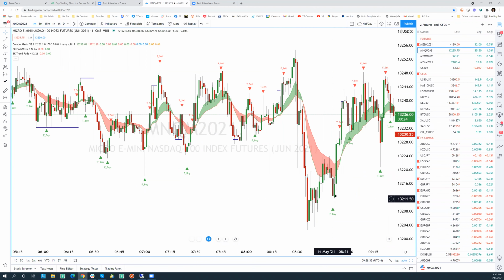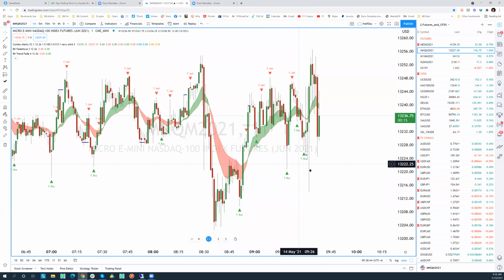Even here, the trend still remains positive. This is green, this is red, so we wait for the green. 10 out of 12, right? Over here, two more winners, actually 3 more winners. So that's 13 out of 15.